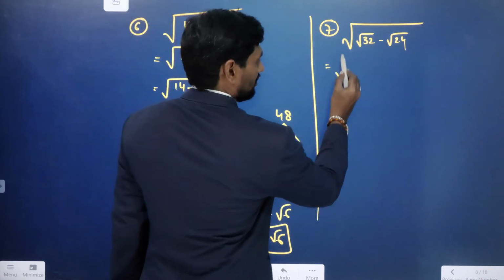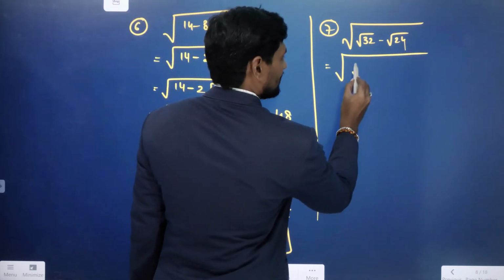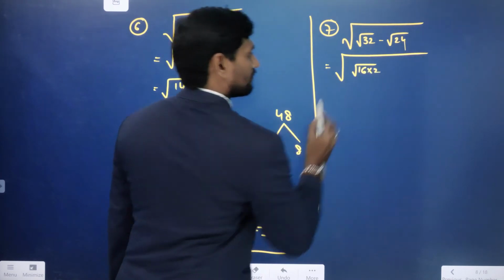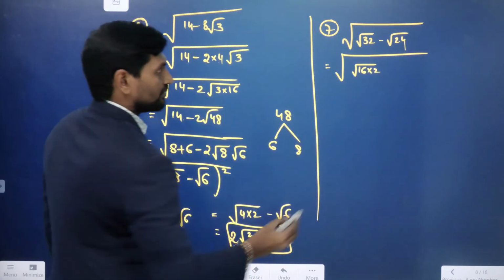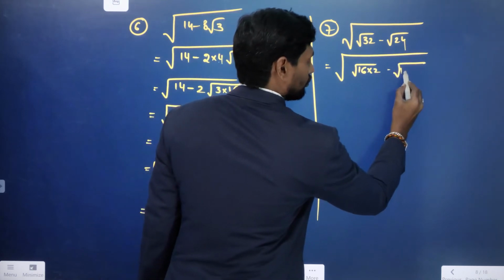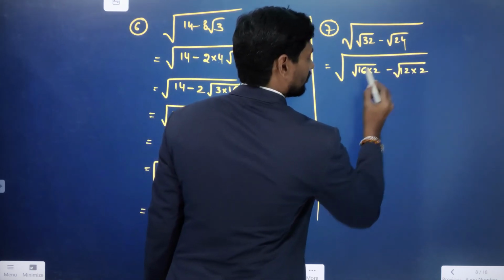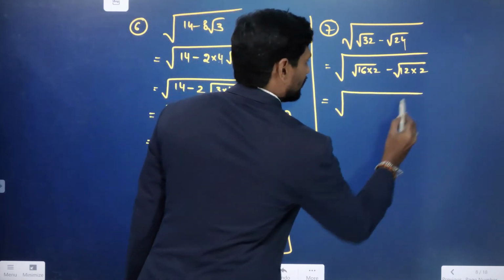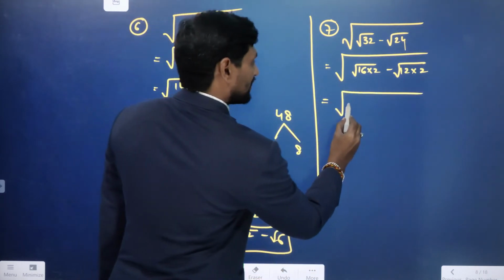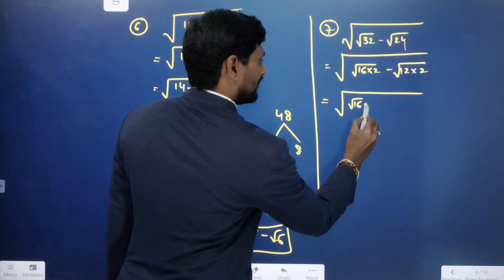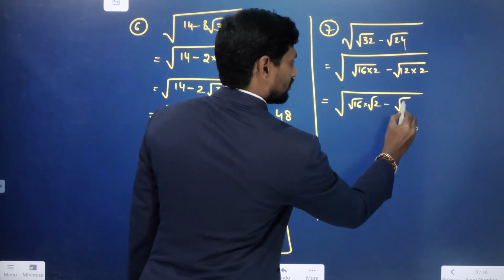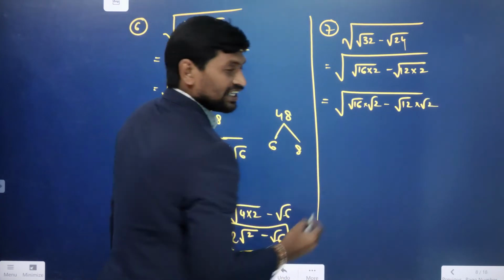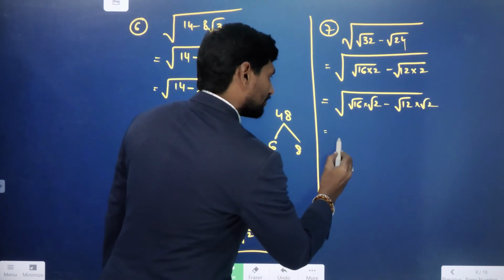Now see here, the square root of this 32 I am writing as 16 2's. 16 2's are 32. Now this one, 12 2's. 12 2's are 24. That equals the square root of root 16 into root 2 minus root 12 into root 2. In the first term and second term, root 2 is a common term.